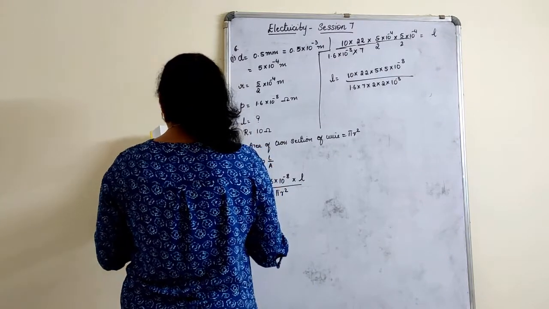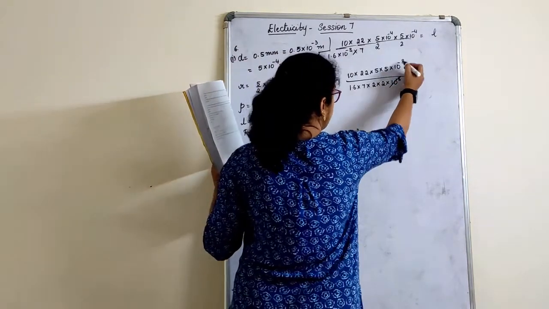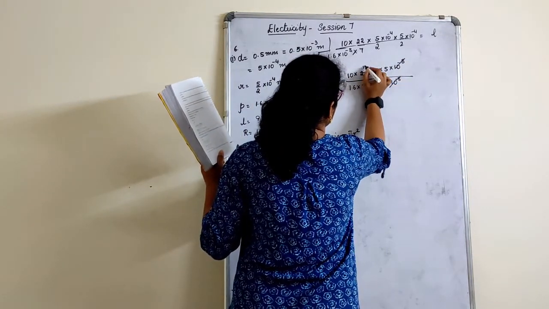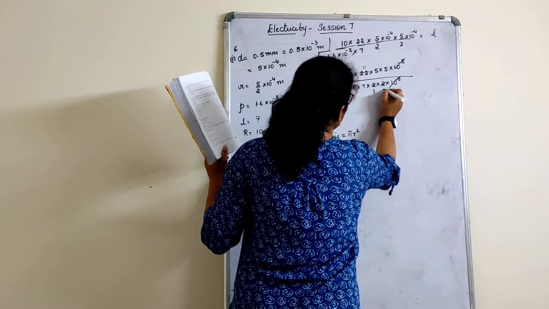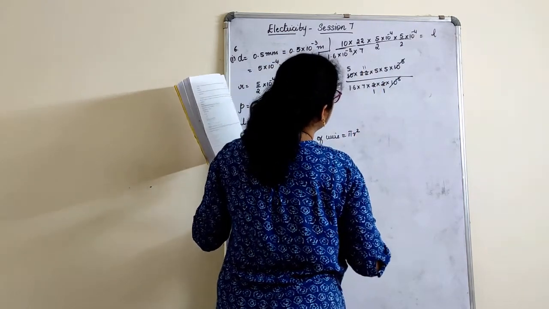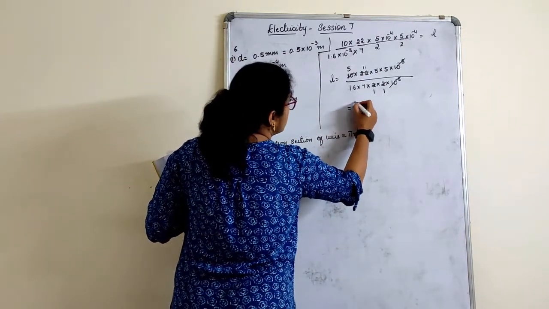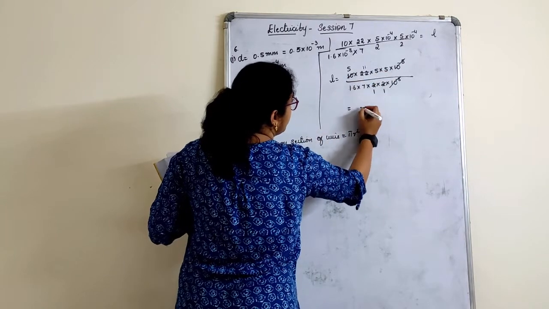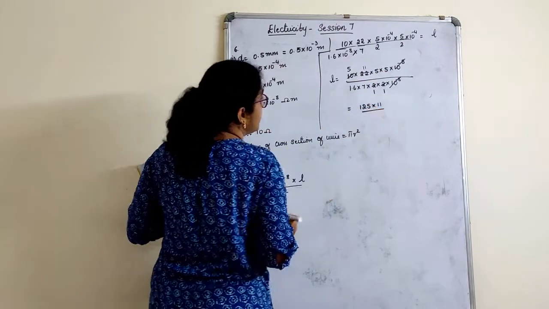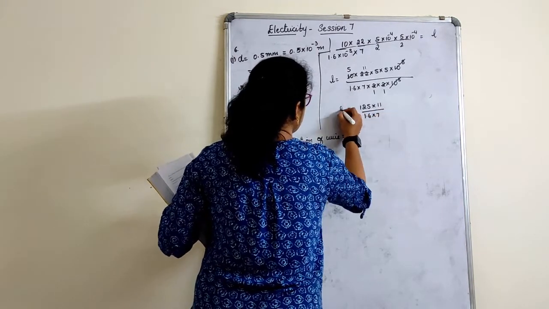Both places have 10 raised to minus 8, so we can cancel directly. Then cancel what you can: 2 elevens, 2 fives. Any more numbers you can cancel? No. So 5 fives are 25, 25 fives are 125, into 11, divided by 1.6 into 7, that is L.